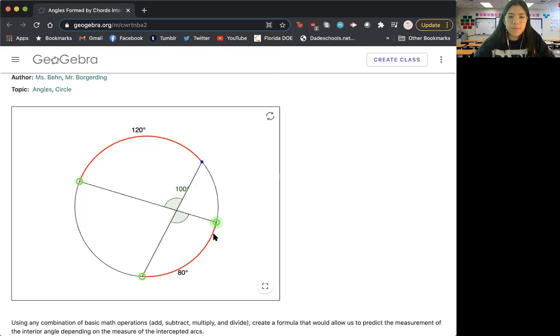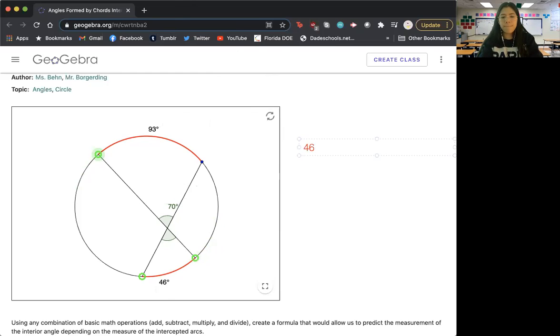Okay, now let me move it around and let's see if that's still true. Okay, move that one, move that one. 46 plus 93, what do we get? Hold on, I think it's a little bit off.